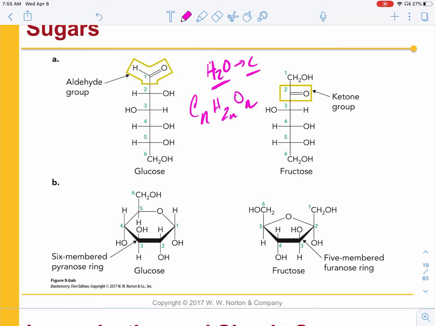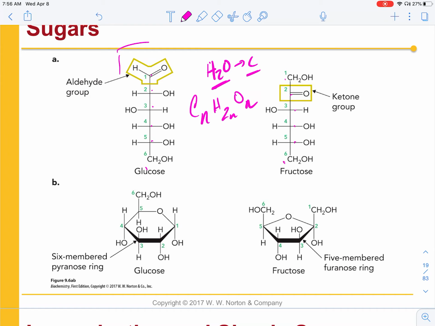So if you have five carbons, it would be 5:10:5. If you have six carbons, it's 6:12:6. Here for glucose, one, two, three, four, five, six carbons, right? Fructose has one, two, three, four, five, six carbons as well. So those are isomers of each other, right?